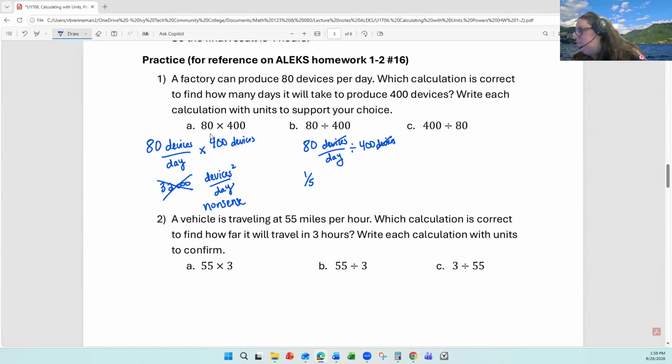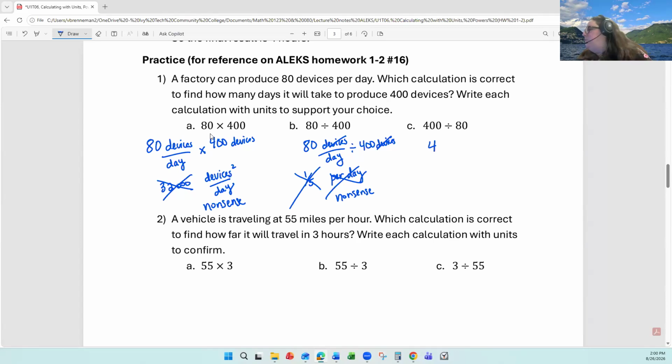So this is per day. And you should never have per something without another unit. So if there's a unit left on the bottom, there needs to also be a unit on the top or something is wrong. Per day on its own is nonsense. So 1/5 is not a useful number either.